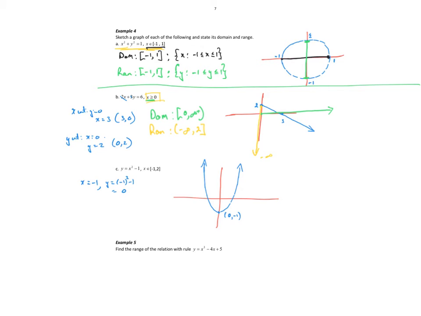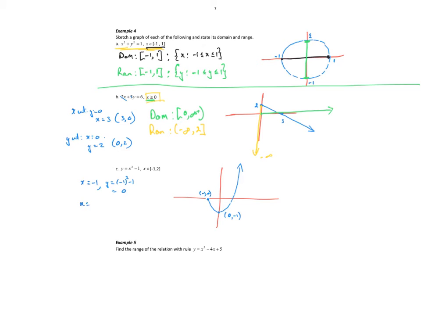So on the left-hand side, I'm going to stop my graph there, and that's the point (-1, 0). And what about the right-hand side?